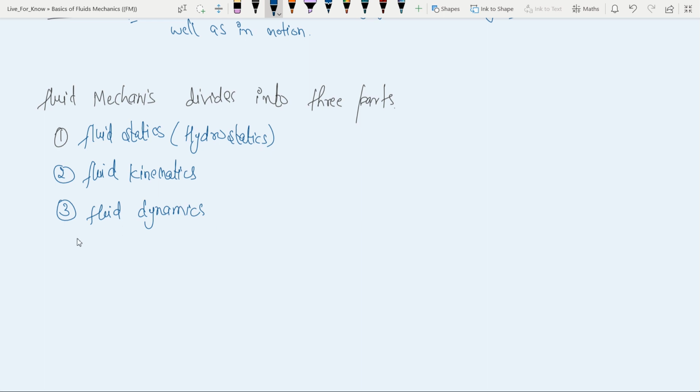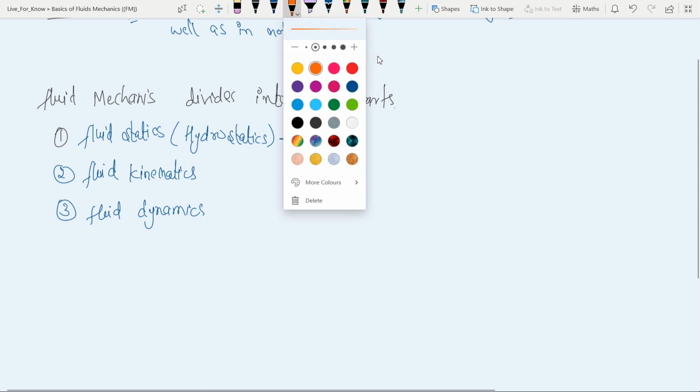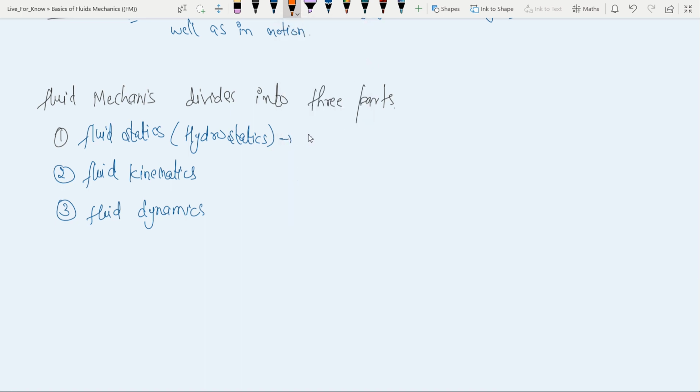So what is this? Fluid statics is the study of fluid at rest. And what is fluid kinematics?